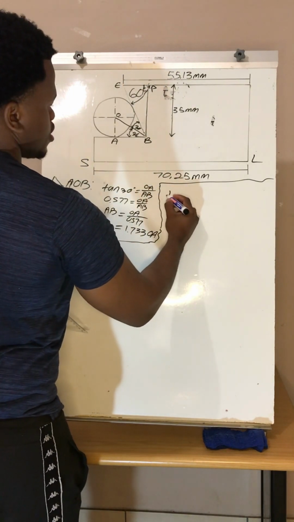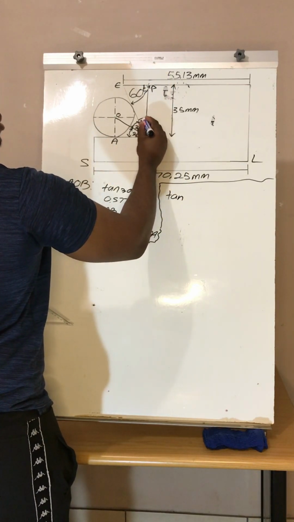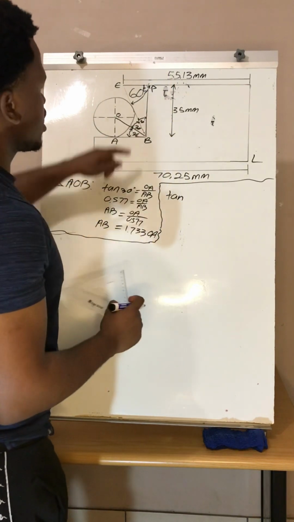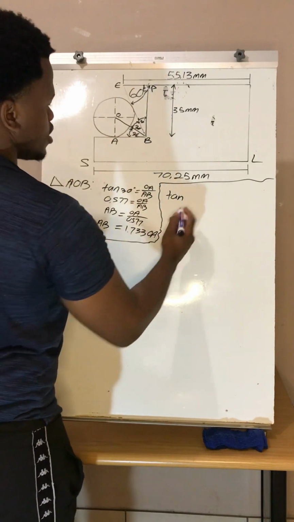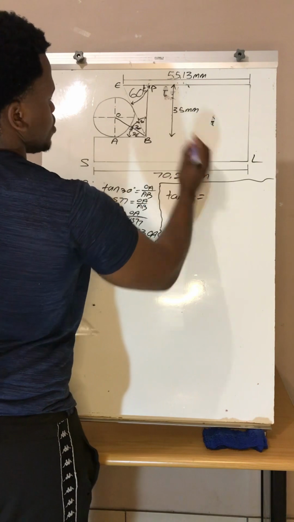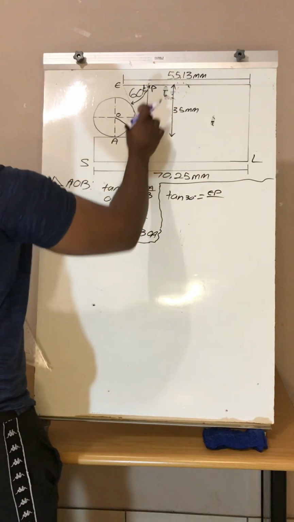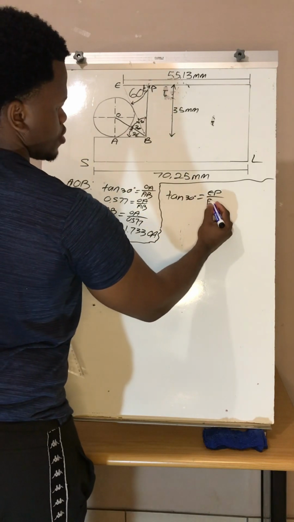Bear in mind this is 30 degrees. So tan of 30 degrees is EP, the opposite, over our adjacent side, which is PB.